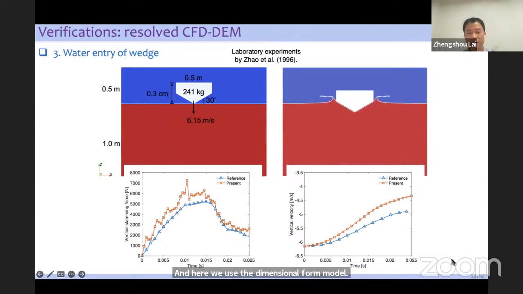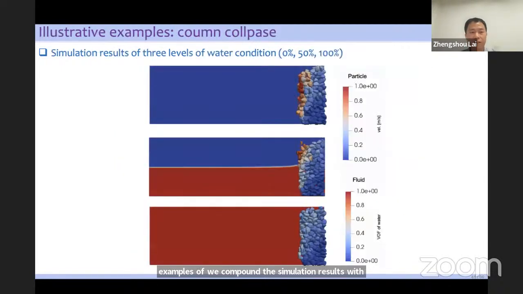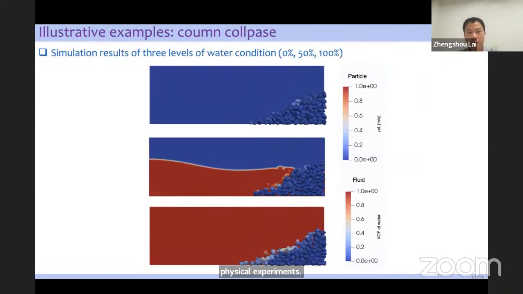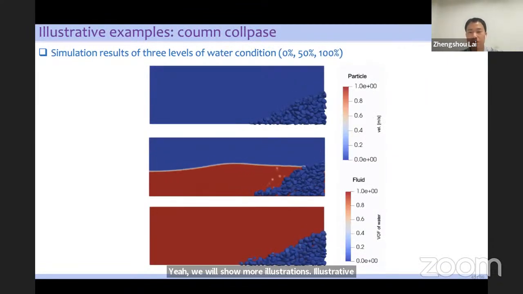Well, these are very basic verification examples where we compare the simulation results with the physical experiments. Here we will show more illustrative examples to demonstrate our developed CFD-DEM to model multiple irregular-shape particles and their interactions with fluids.